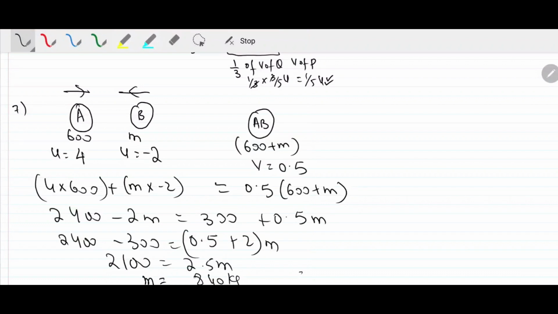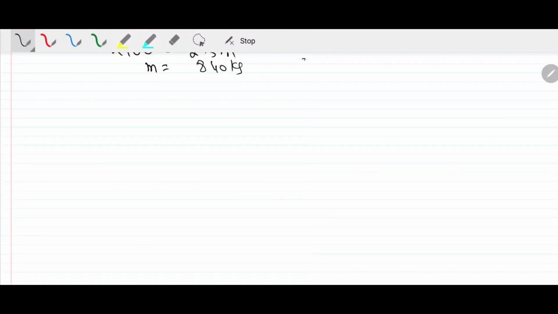In question number 12, the question states that each of the two wagons has an unloaded mass of 1200 kg. One of the wagons carries a load of mass m kg, other wagon is unloaded. The wagons are moving towards each other on the same rails, each with a speed of 3 meters per second when they collide. So this is wagon A, this is wagon B. A and B are traveling towards each other.